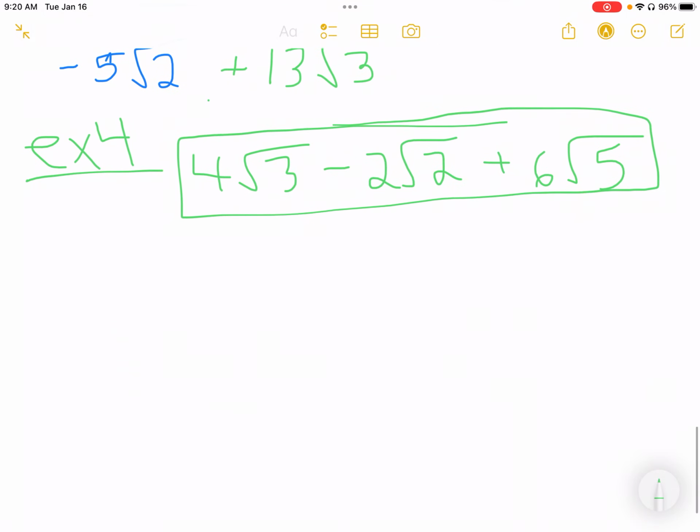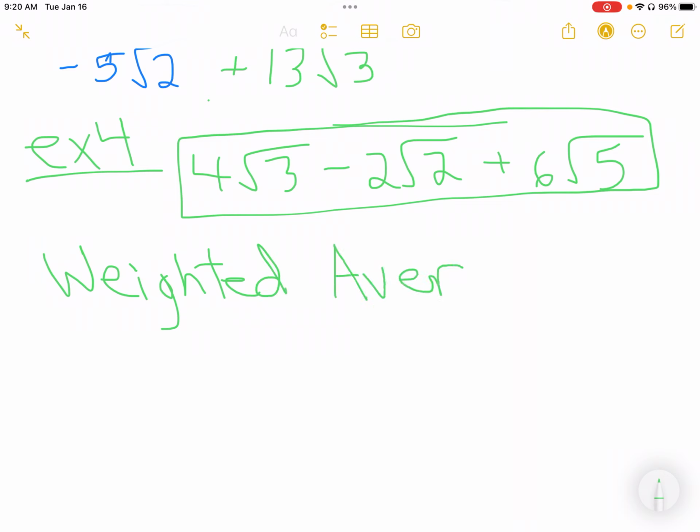Now let's go to weighted average, right? So if I talk about weighted average, like I said, I'm talking about how your grade is calculated. Weighted average, right? Not all values count the same. So if I want to calculate it, then I can say, well, I have a value, right?